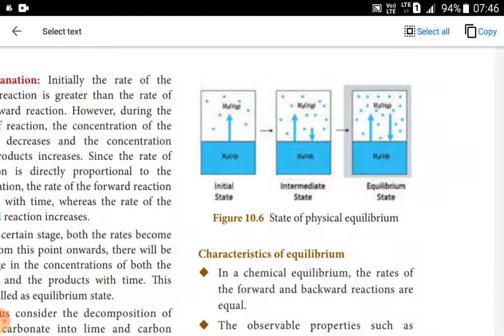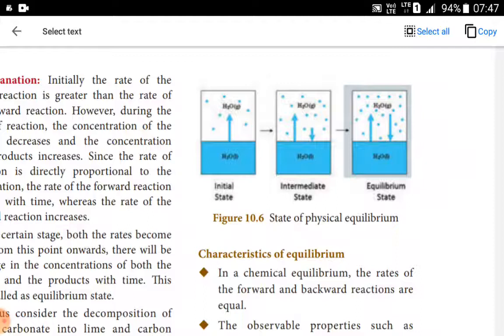Then in the equilibrium state, the formation of water vapor from water and of water from water vapor both remain unchanged, remain static. So this is called the equilibrium state of water. This is a physical equilibrium of water.